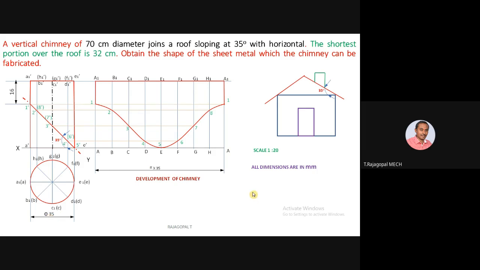So you have to state whether all dimensions are in mm or in centimeter. From the beginning, you are following all dimensions in mm. That's why I started with 535 and 16 here. Here you have to be very careful. Whatever dimension you used to draw this circle, that dimension has to be multiplied by 3.14.